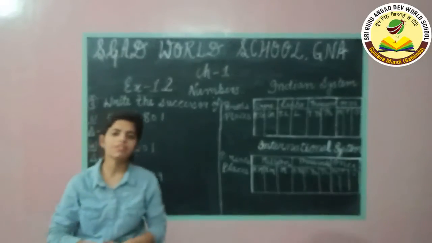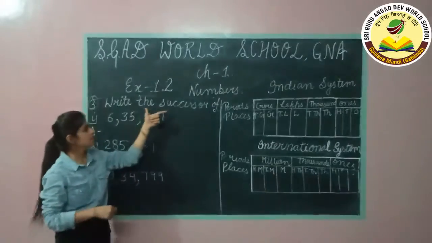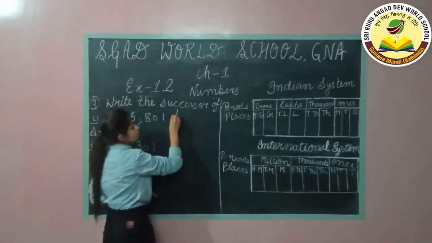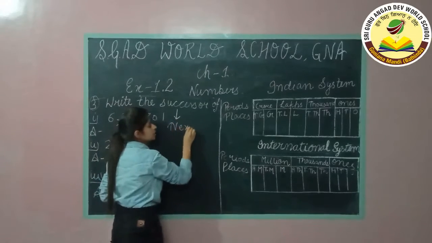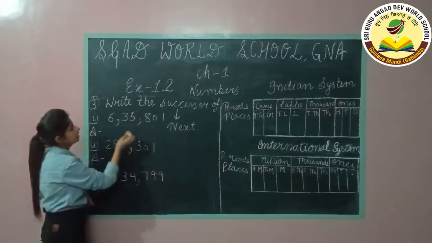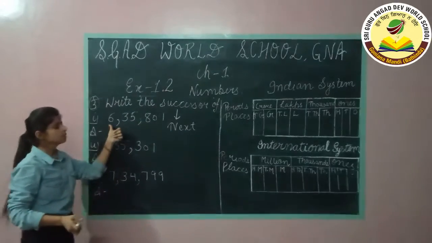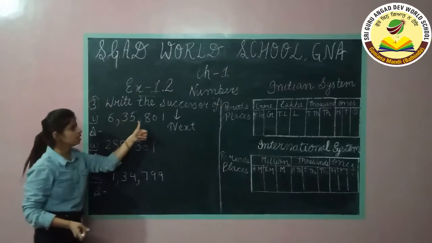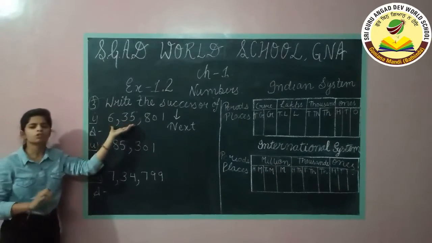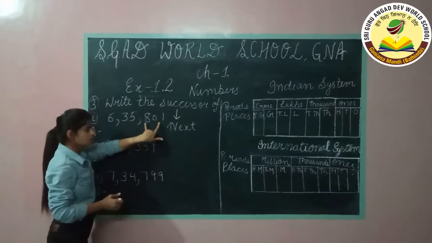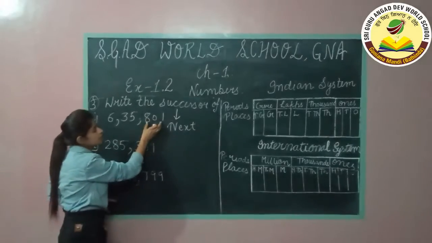In the third question, we write the successor of 635,801. In the previous class, we studied that successor means we come up to the next level. So we write the next number of 6,35,801. In the last period, 801.